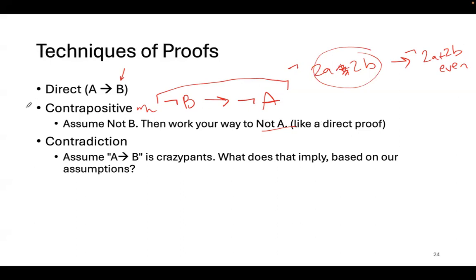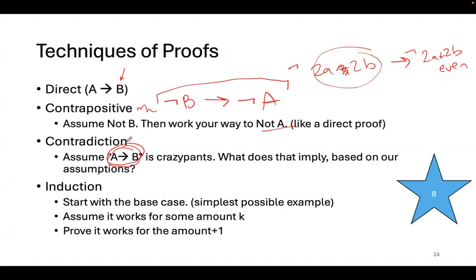So, yeah, the contradiction is a little bit different, where we're saying that this whole presumption of A implies B is false. So this whole statement is false, and then we have to work our way towards breaking the assumptions. Okay, so we'll go through the other styles, and then we'll look at an example for contradiction.